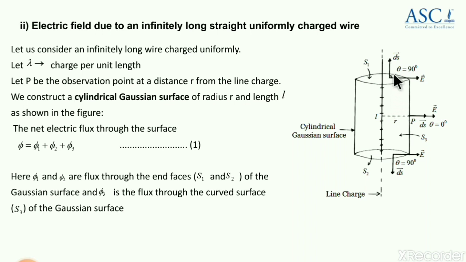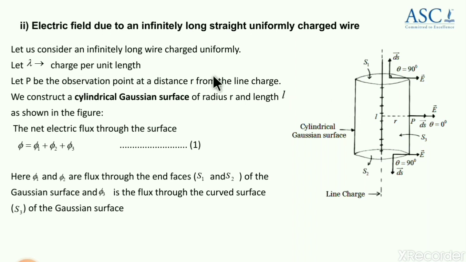So that is why we have to make use of flux through these three surfaces separately and then add them to obtain the total flux. So now the net electric flux through the surface is: total flux equals flux through one end of the cylinder, flux through the other end of the cylinder, and the third surface which is around the cylinder.